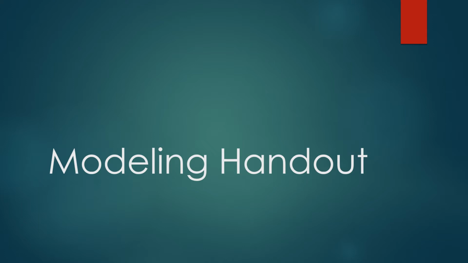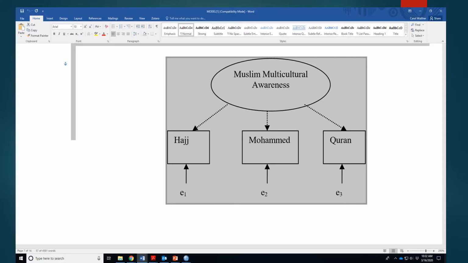That is referring to figure 1, which is the modeling figure that I'm asking you to have in your final research paper. So the first example of this is an example of Muslim multicultural awareness. And again, that's a latent variable, and a latent variable means that you have multiple indicators.